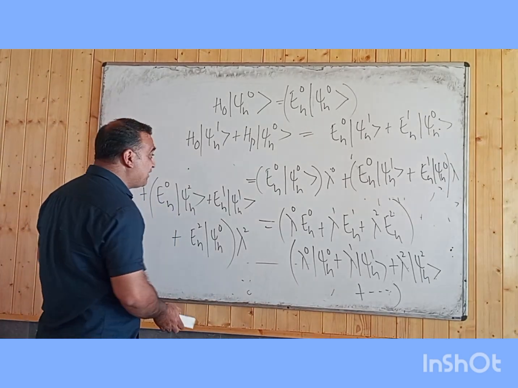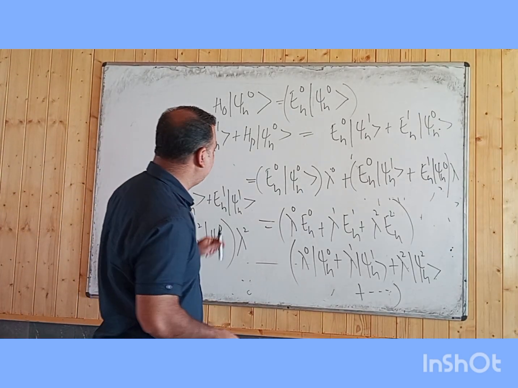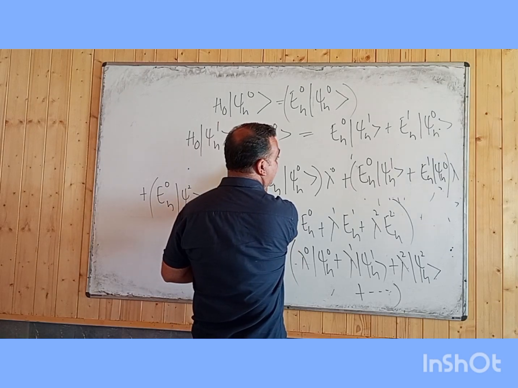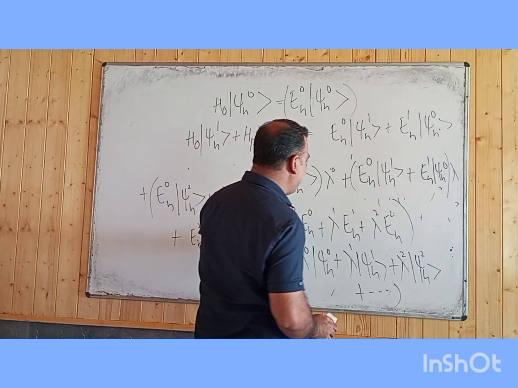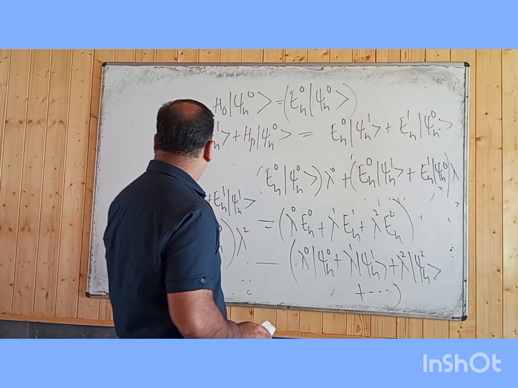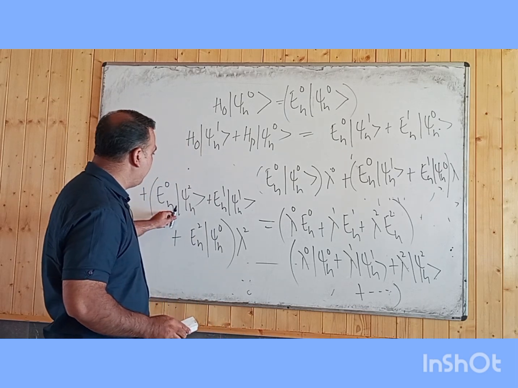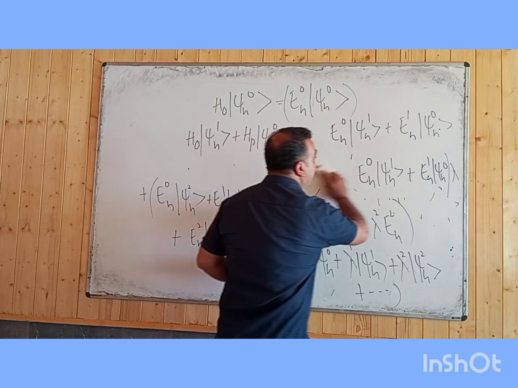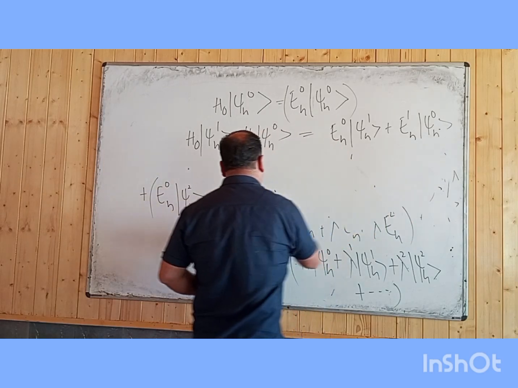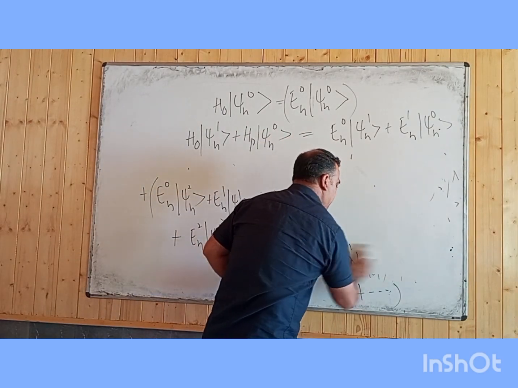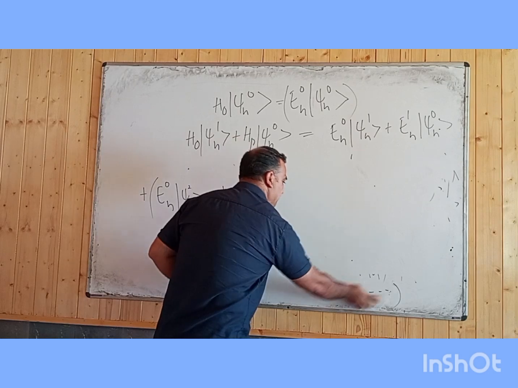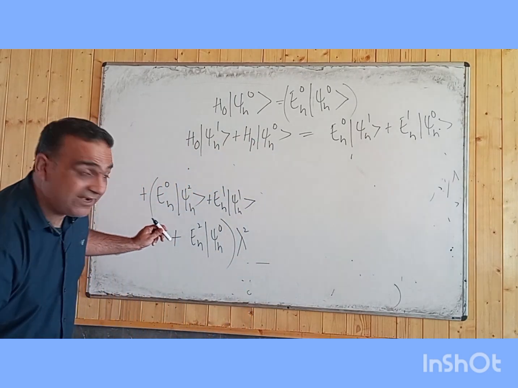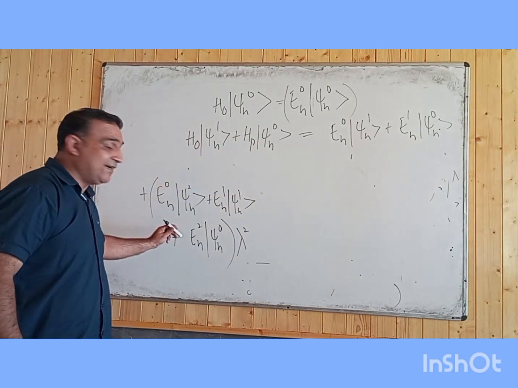Where do I write that? I will rub this. Where is that lambda square term that I have obtained? Here it is. Tell me the left-hand side of this equation.